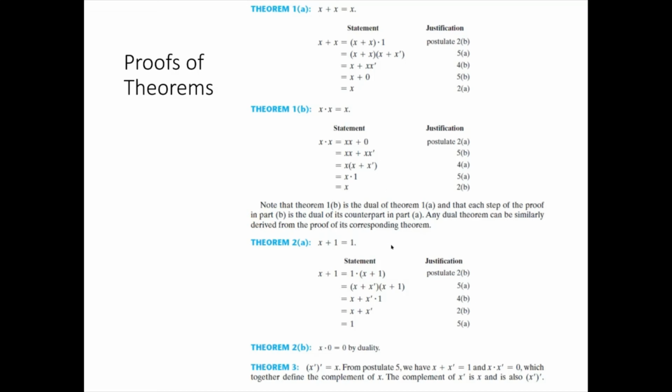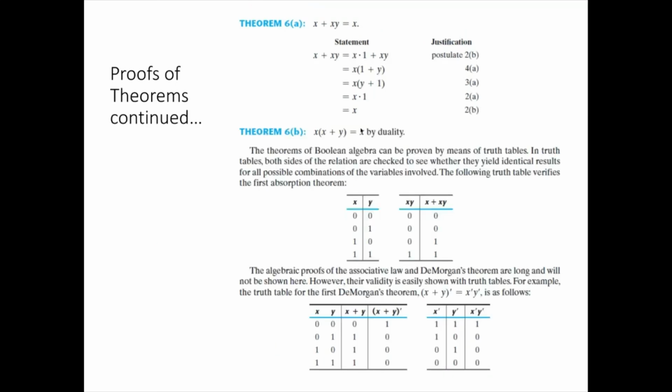Because this is what we're going to do when we start to simplify Boolean expressions using these theorems and postulates. Okay, and there's another page of this. You can continue on. In this case it's a little bit different, like 6b. What you'll notice is that they use truth tables to determine that. And if you look at the end result here, you'll see that this is true, right?